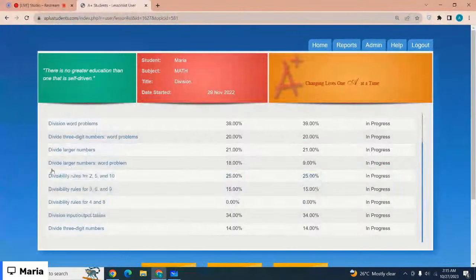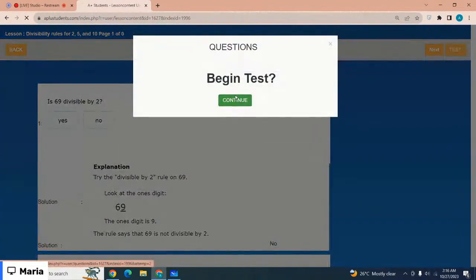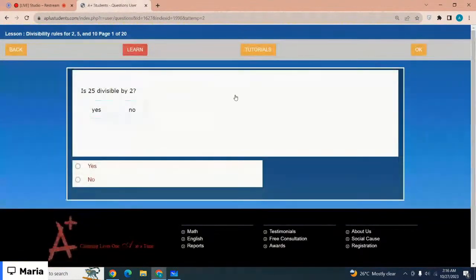I'm on the lesson divisibility rules for 2, 5, and 10. So we have already done with the divisibility rules. Now we're going to start with the practice questions, right? Is 25 divisible by 2? Which is the correct option? Yes or no? Is 25 divisible by 2?